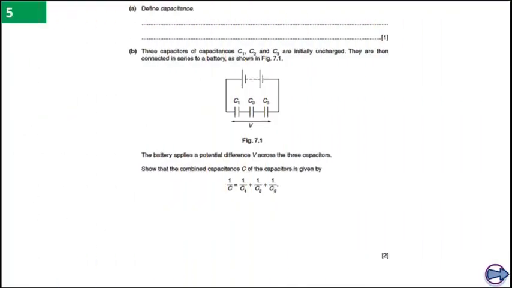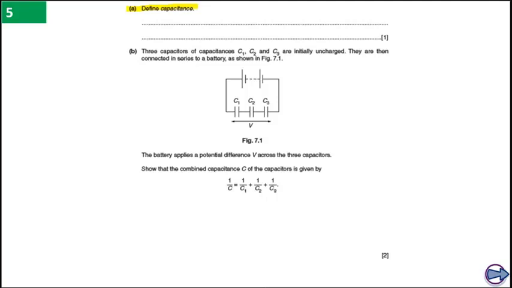Part A is simply asking us to define capacitance, and this is a typical question. You will see this question again and again in many past papers. So how can we answer this one? It is quite straightforward.